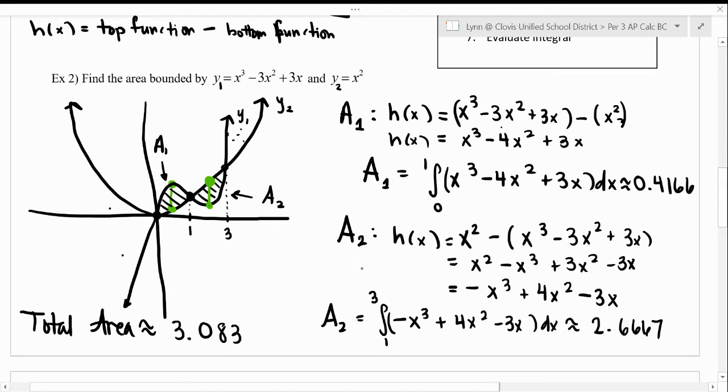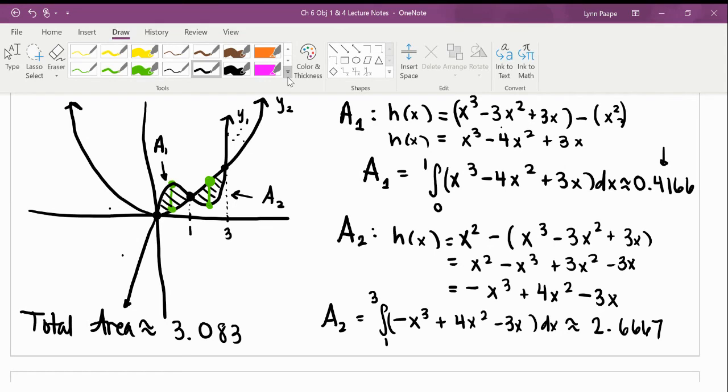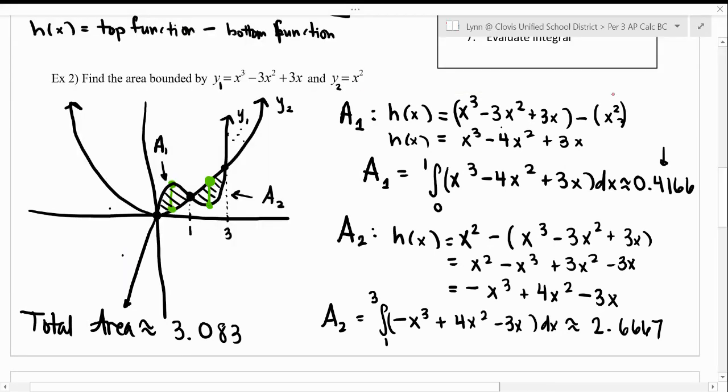So just like a little tip here, if you ever got any of these to be negative, something's wrong because your area is what you're always finding. And so you should not be getting a negative value. So if you got something negative, then something is wrong, right? Because we are finding area, not anything that is directional.